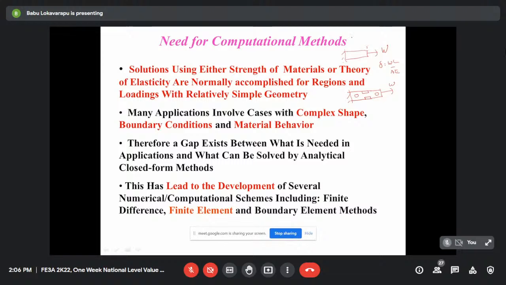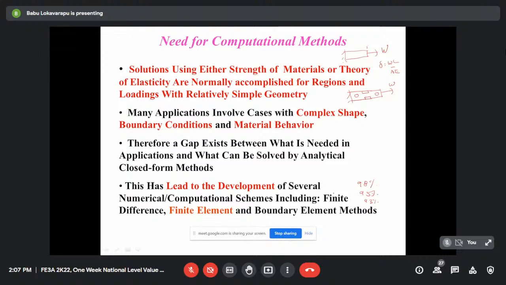The first case, what you are talking about, is called closed form solutions. That means they yield 100% accurate results. In the second case, with the finite difference method, finite element method, and boundary element method, when you try to solve these kinds of problems, they may not yield 100%. Your results may be 98% accurate, or 95%, or 93% accurate, because these are approximate methods.